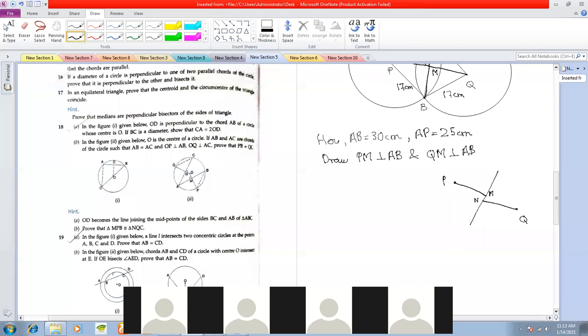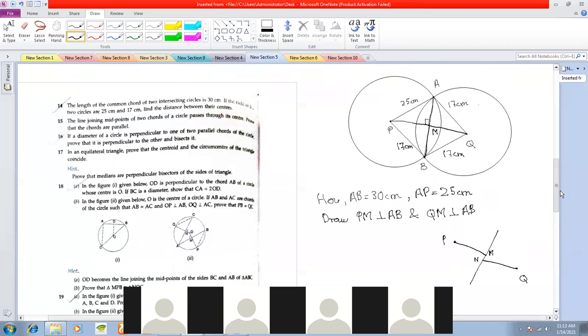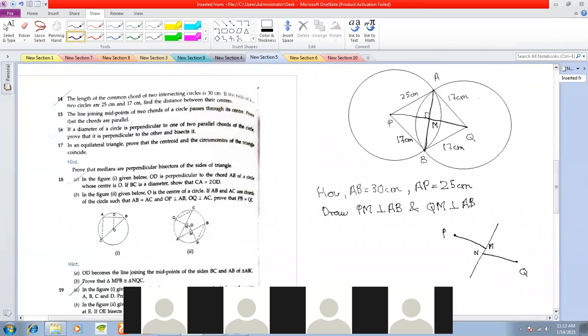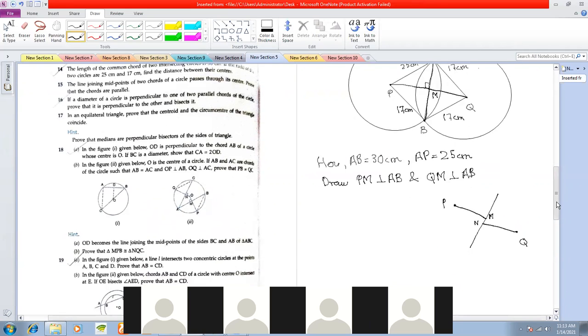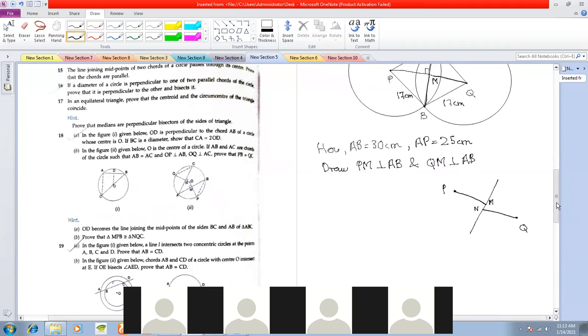Then why should M and N be the same? Can anyone tell me why should PQ be a straight line? Why can't they be two different lines? Can you tell me why it should be a single straight line? Why can't it be two different straight lines? Sneha, can you tell me? Sneha Chaurasia?